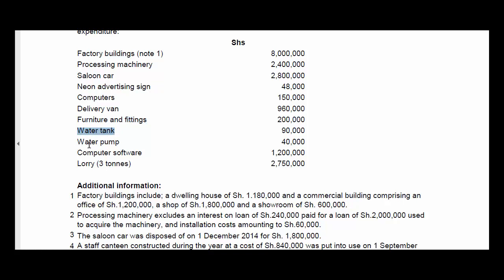Ignore water tank. Ignore water pump. Computer software we will compute separately. Look at lorries first, 3 tons. These are heavy lorries, so it will be under class 1.